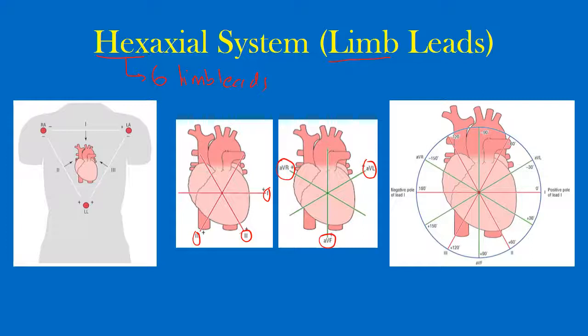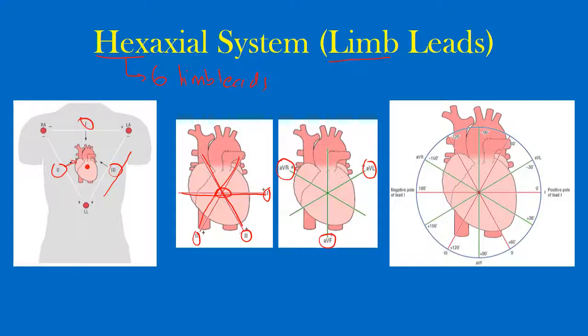So this image here on the left, where you have the lead, so lead 3 here, lead 1, and lead 2, imagine them coming to the center of the heart, right here in this image, and that's simply these same leads. And we noted that the positive end of the lead gets the name.